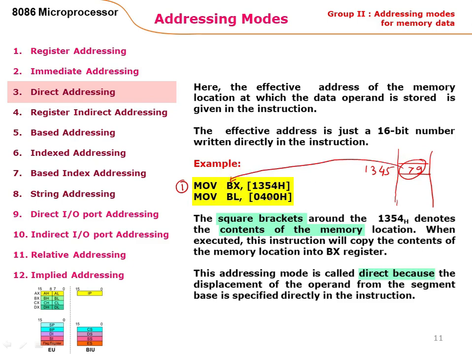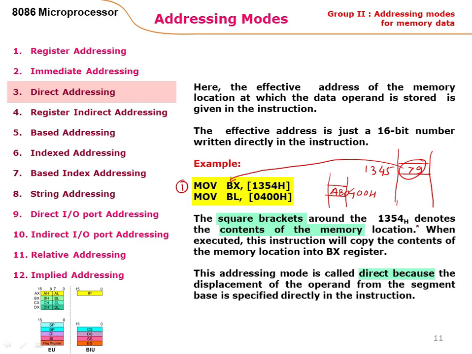MOV BL, [400H]. Similarly, the value which is stored at memory location 400H, suppose it is AB, this value is moved into BL. The square bracket around the 1345H denotes that the content of the memory location is used.